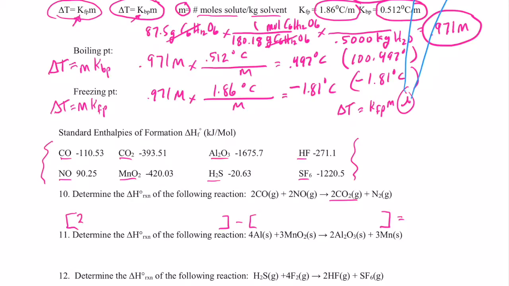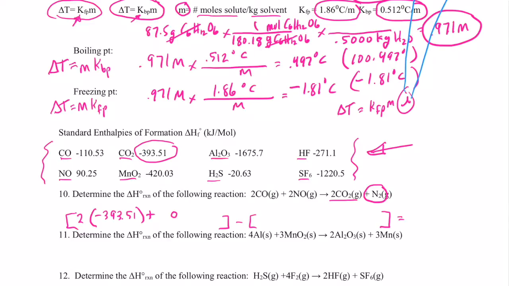So we have 2 times the heat of formation of carbon dioxide, which is negative 393.51 plus the heat of formation of N2. Now you'll notice N2 is not on this chart anywhere to be found. That's because it's in its elemental state, and the heat of formation of an element is 0.